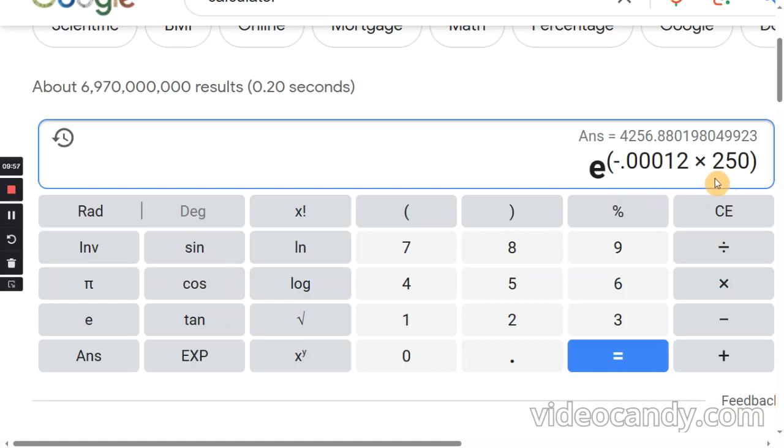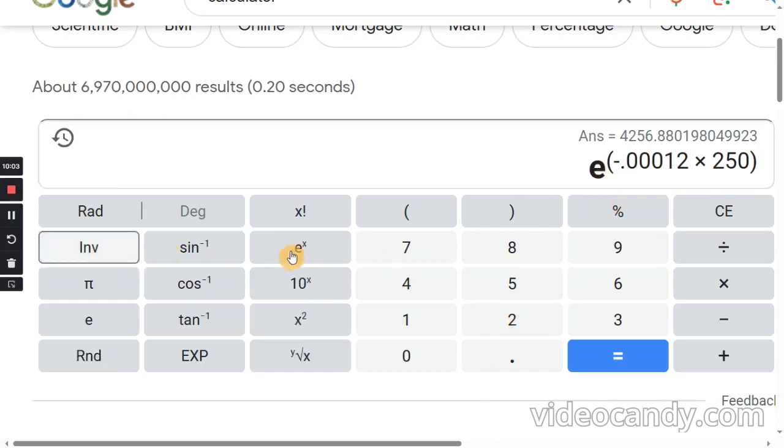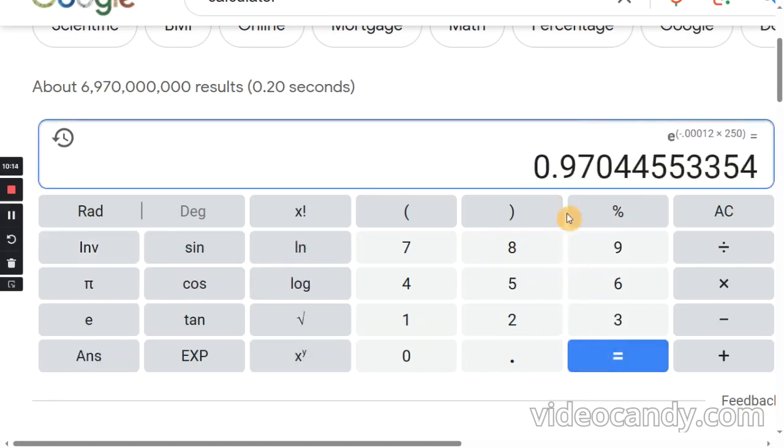Okay, so that is the exponent on the number e. And again, the way I found the number e, I did inverse ln. That's probably going to be the case on most calculators, inverse ln, and you'll have your e to the x button. Anyhow, hit equals. And I'll do 4 decimals, 0.9704.